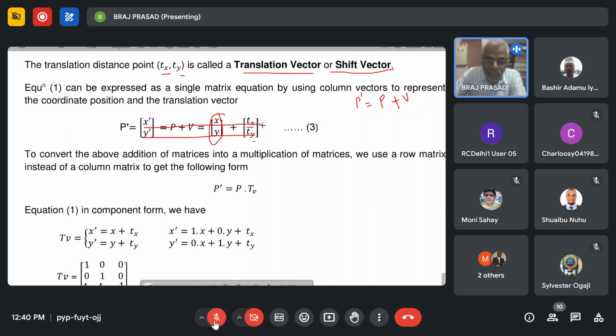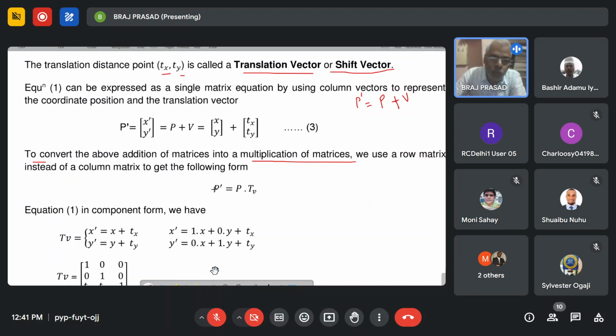So we add all these things, but we can combine them into a matrix form or a multiplication form. To convert the above addition of matrices into multiplication of matrices, in this place I have used the addition of matrices, but we can also apply multiplication of matrices on this object. We use a row matrix instead of a column matrix. This is our column matrix.